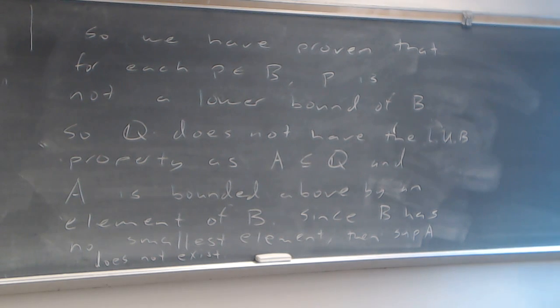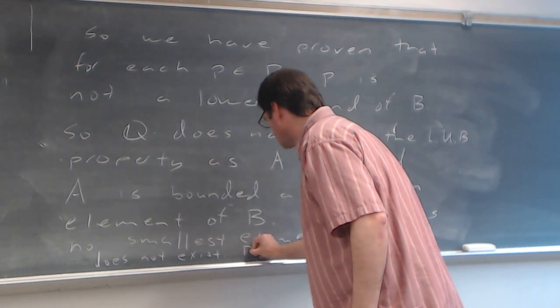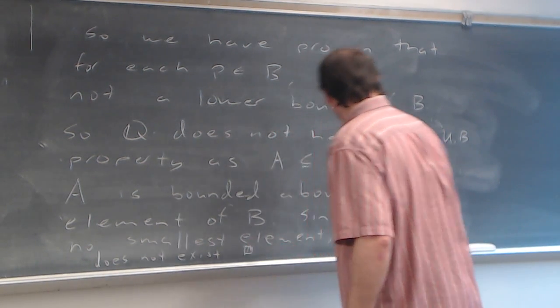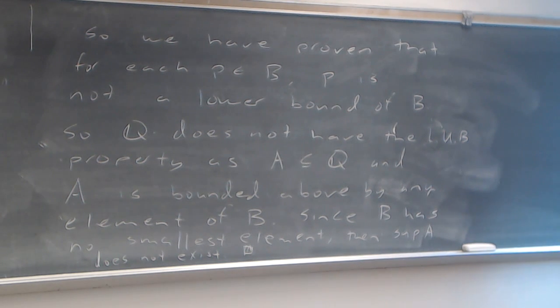So that's the proof. Really, A is bounded by any element of B. Anything that was in B was positive, and its square was bigger than 2.